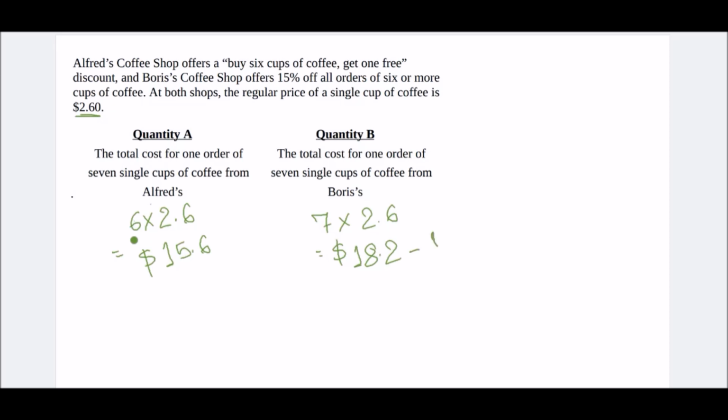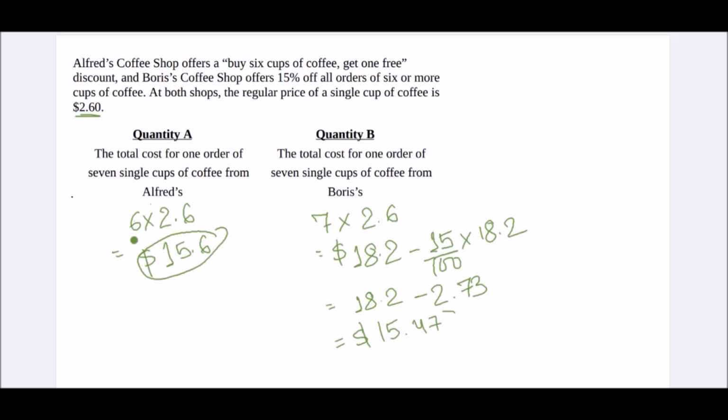But we'll get the 15% discount, so the price will be $18.2 minus 15% of $18.2, that is $18.2 minus 2.73. So the price becomes $15.47. So for quantity A the total price will be $15.6, and for quantity B the total price will be $15.47. So which one is greater? Quantity A. So the answer will be option A.